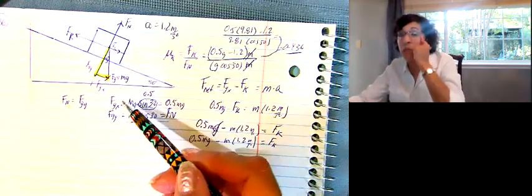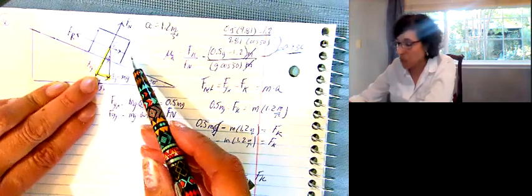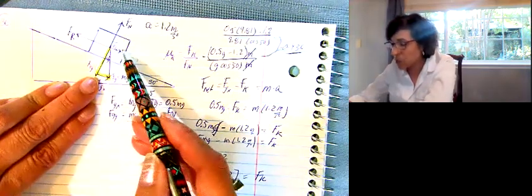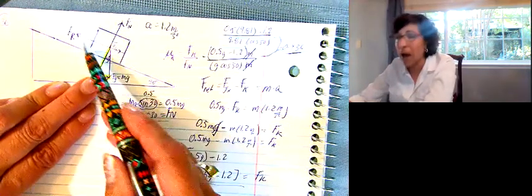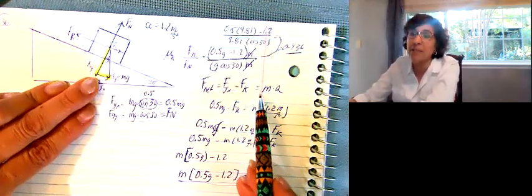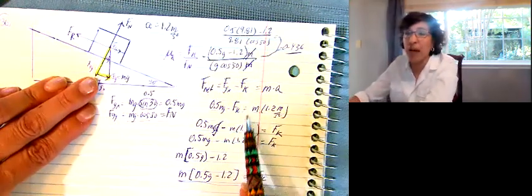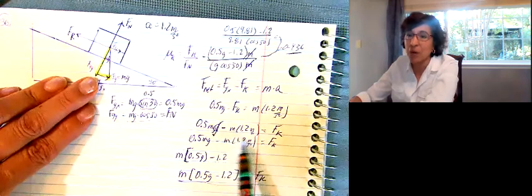And then we had to figure out what our net force was in the x direction. We have the positive one, which is mg in the x direction, minus the fk. That's our net force, and that's equal to mass times acceleration. Okay, so from here we solved for what fk was. You guys work on this right here.